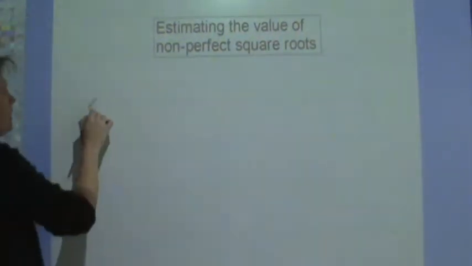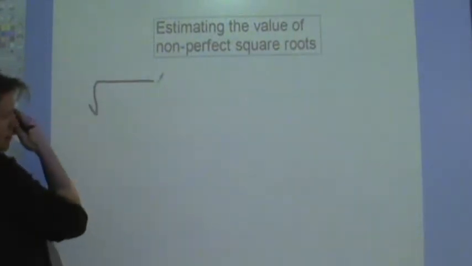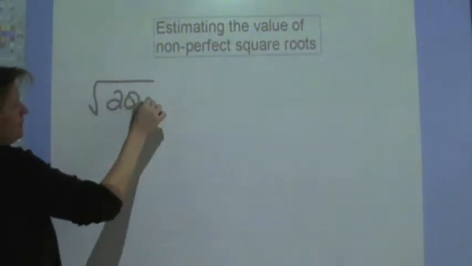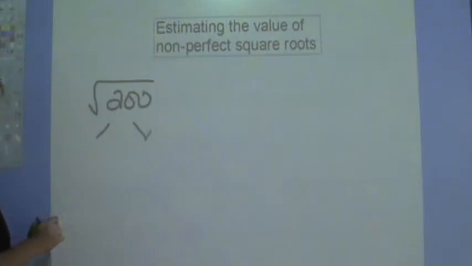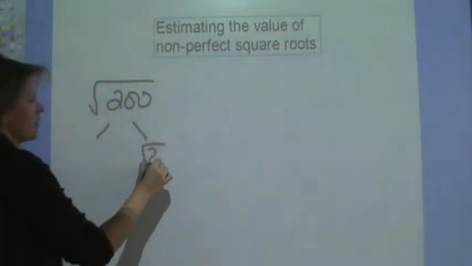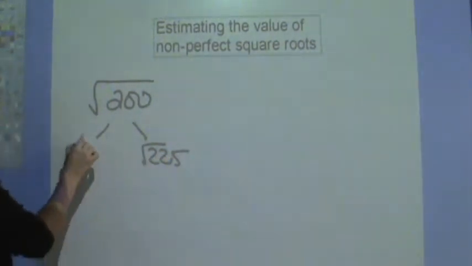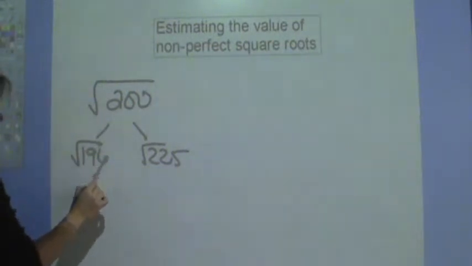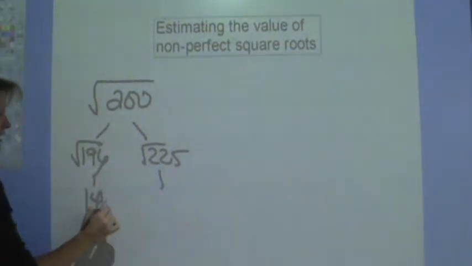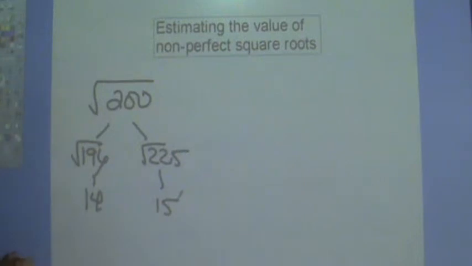All right, 2 more. Square root of, let's say 200. If you look at your list, that's going to be between the square root of 196 and the square root of 225. So it's going to be between 14 and 15. And I'm only 4 away from this one, so it's going to be closer to 14.